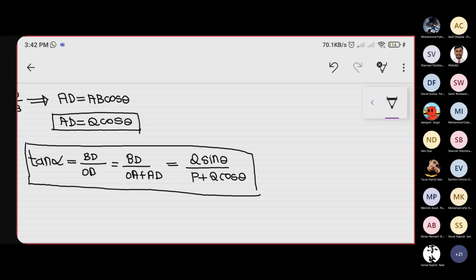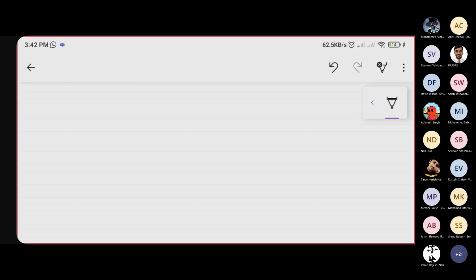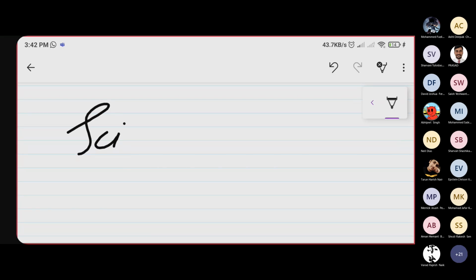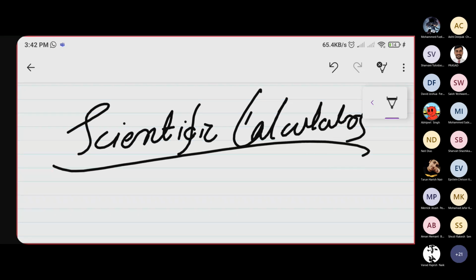Now I forgot to tell you one important thing. I think maybe some professor already told you that when you enter into engineering, the first thing you require is a scientific calculator.